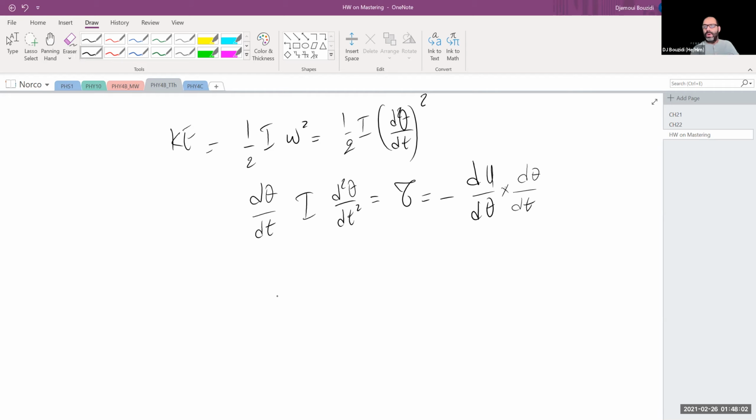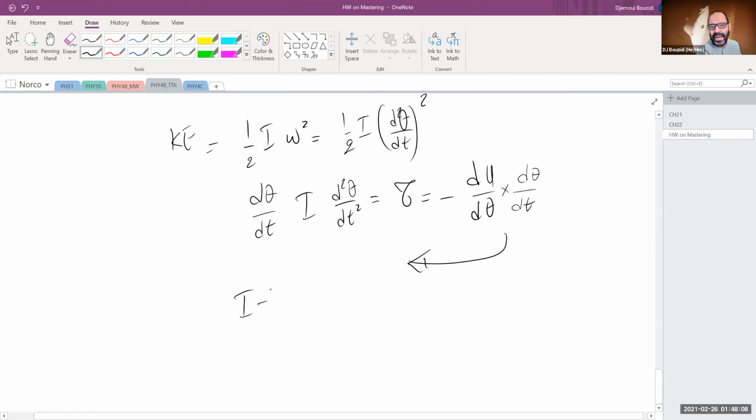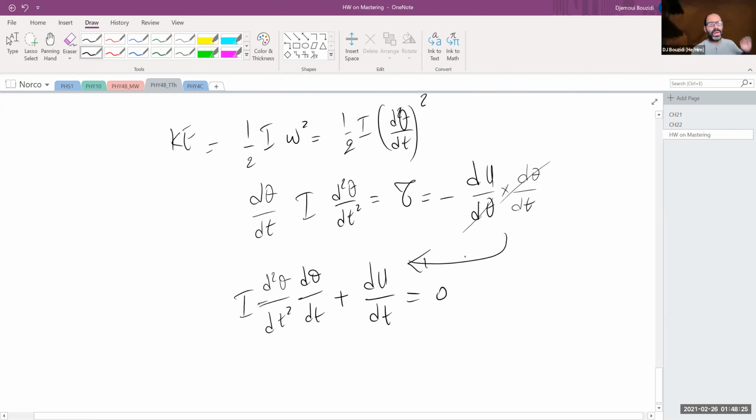So if I move this to the other side, the minus becomes a positive. So what I have in here is I times the second derivative of theta with respect to t times the derivative of theta with respect to t, plus du over dt, is equal to 0. Because I basically canceled, which is really an illegal operation.